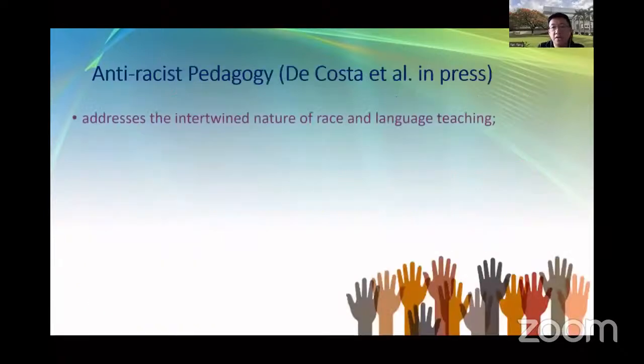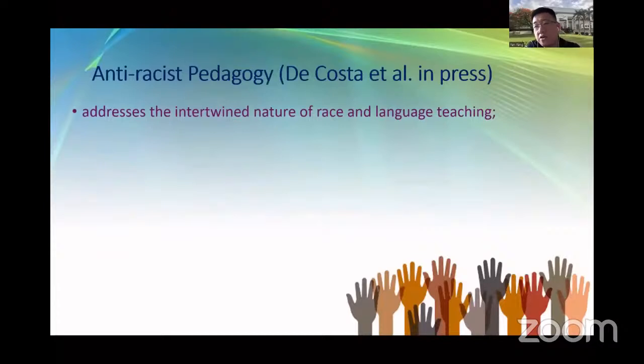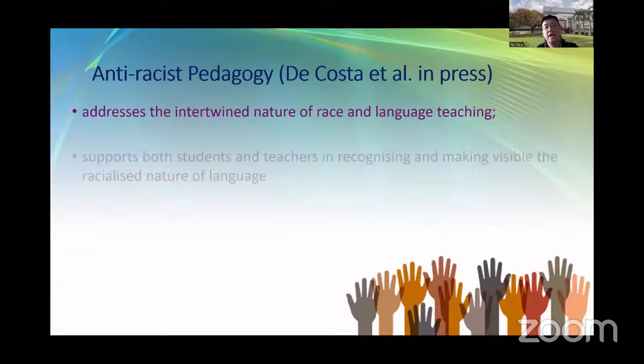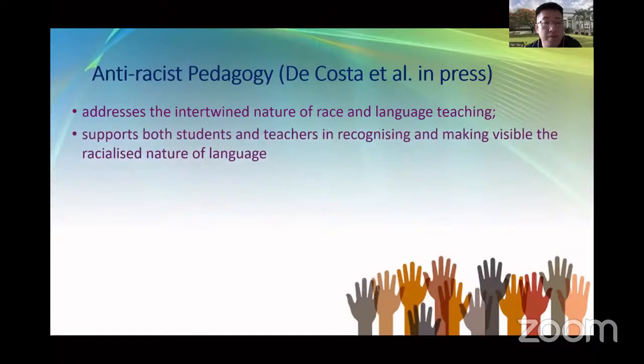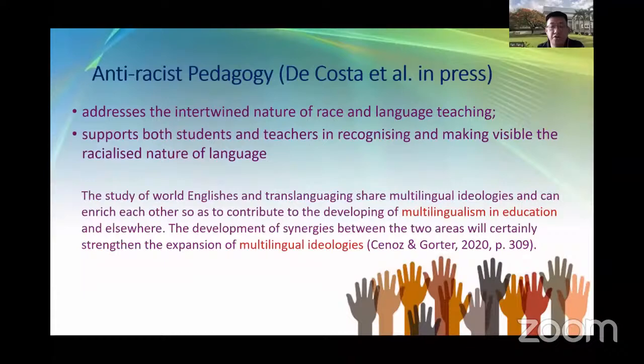So here, very powerful is the adoption of global Englishes and translanguaging for an anti-racist pedagogy or decolonizing pedagogy. So it addresses the intertwined nature of race and language teaching, supporting both students and teachers in recognizing and making visible the racialized nature of language.